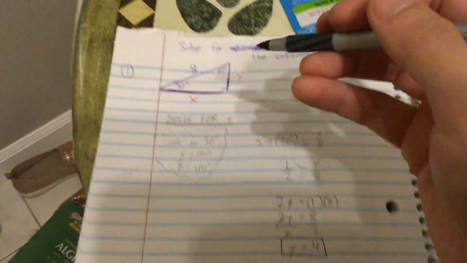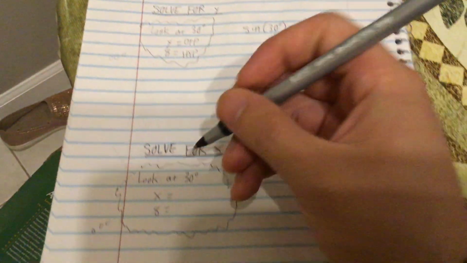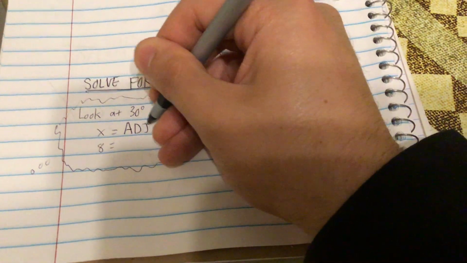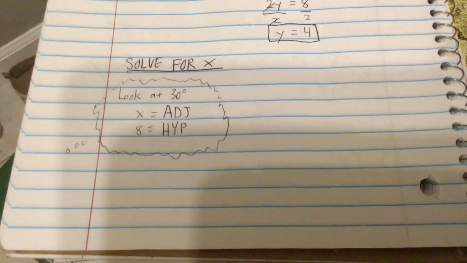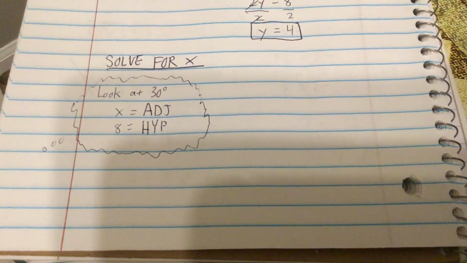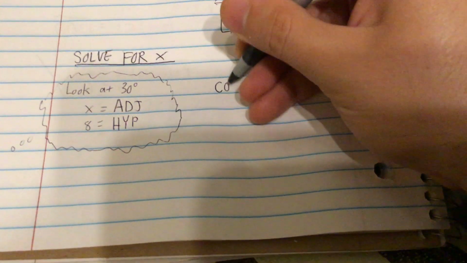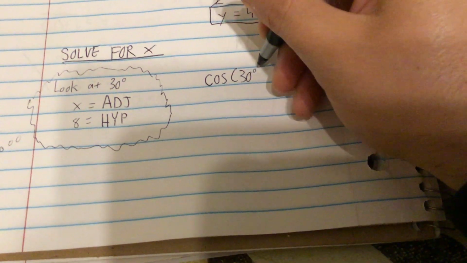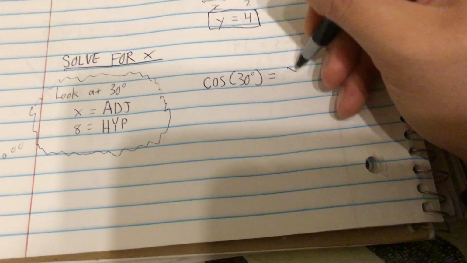So if I look at my 30-degree angle, x is my adjacent side, 8 is my hypotenuse. Which trig ratio involves an adjacent and a hypotenuse? Right. I'm going to use the cosine ratio. So the cosine of 30 degrees is equal to x over 8.